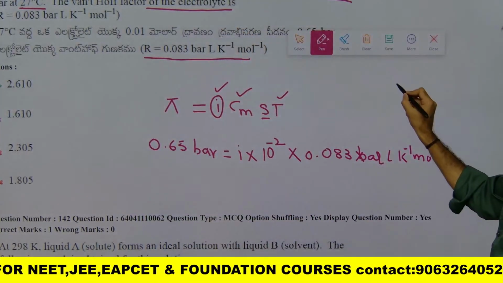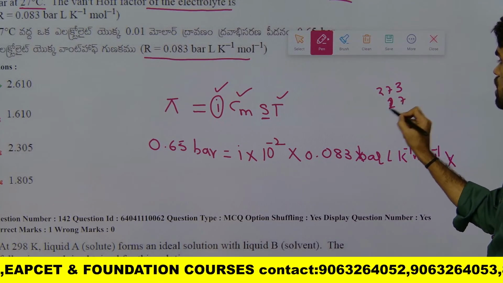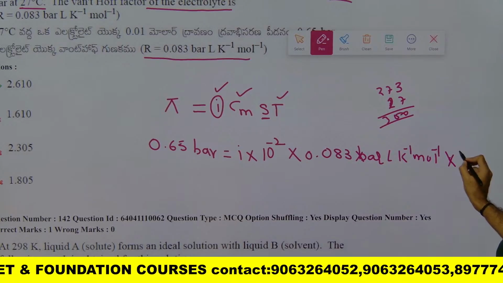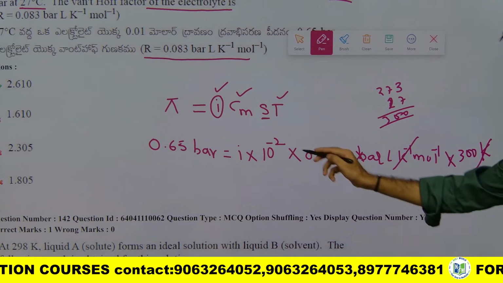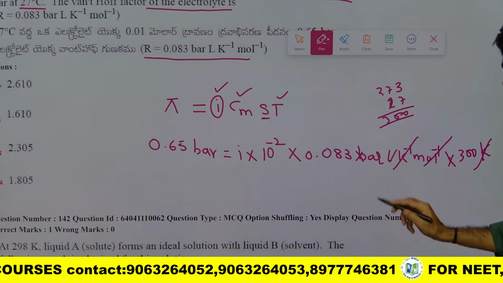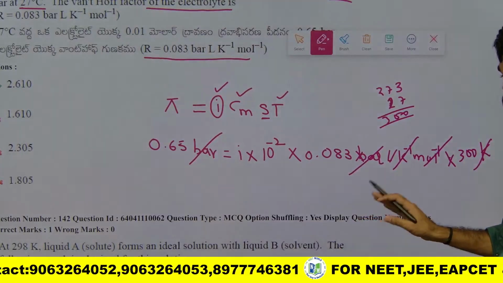Do not take 27, take 273 plus 27 gives 300 Kelvin. So Kelvin cancels, mole cancels, liter cancels, bar cancels. There are no units remaining here.